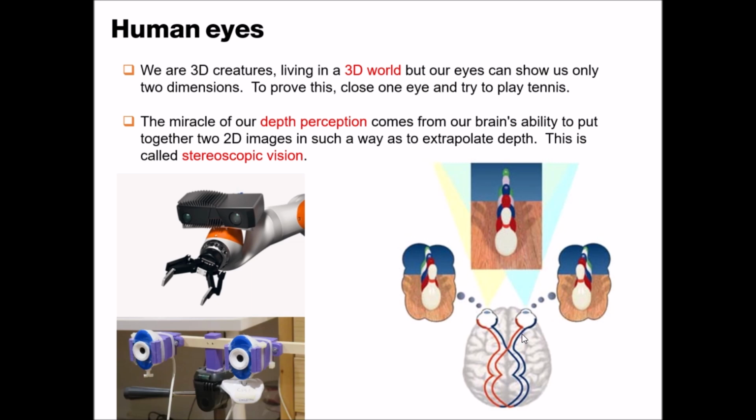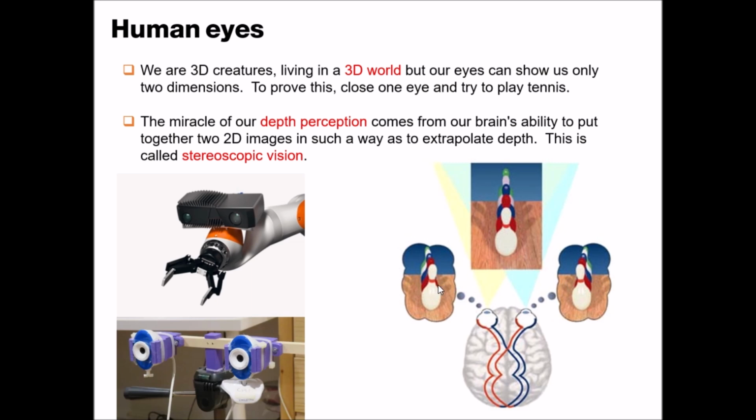Stereo actually came from our understanding of ourselves, right? This is the human brain, and these are the eyes, left and right. If we have this kind of object, the information will be received from the right eye, and the information will be received from the left eye. You can see the angle here is different from here. Even though each eye receives the same picture, it is different.